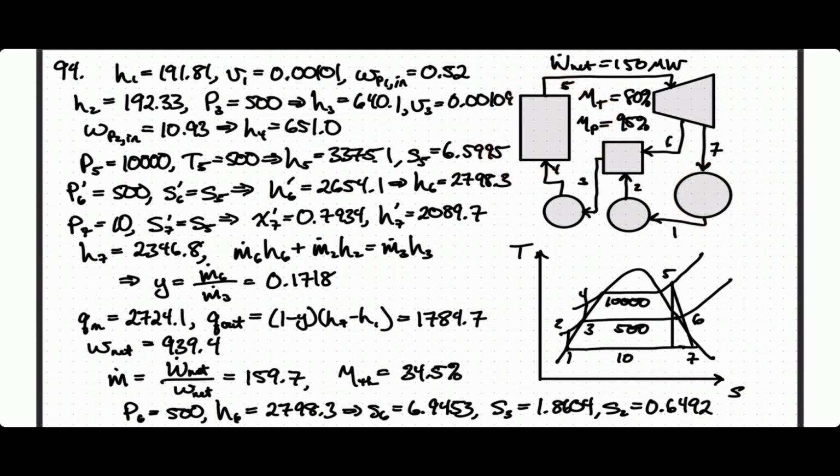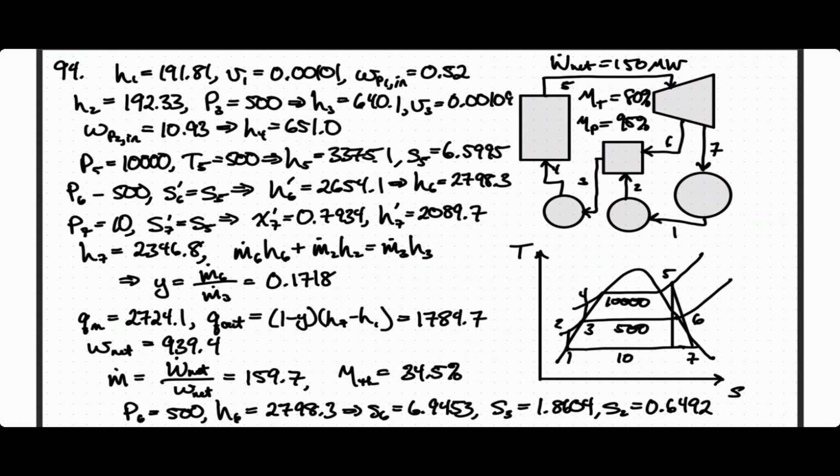We know P5 and T5, so we can get H5 and S5. We know S6 prime is S5, so the isentropic case. We know P6, and whether there's a prime on there or not is irrelevant.